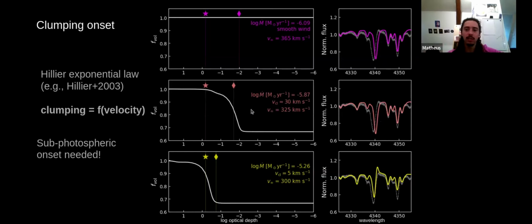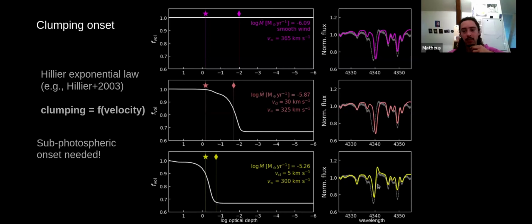This happens because at the critical point, the value of clumping is still like 0.85, which is still very close to 1. However, when you force clumping to start at deeper layers, therefore at lower velocities, then at the critical radius the value of clumping is already almost the maximum that we have set.